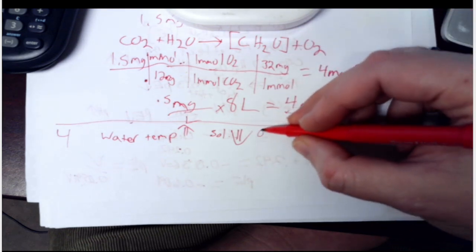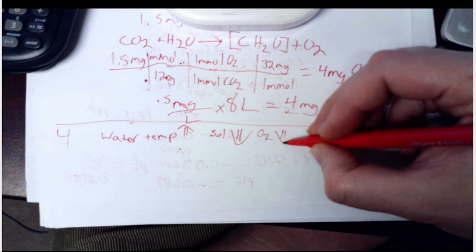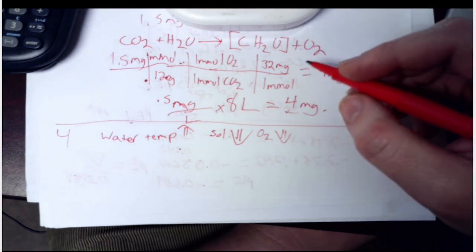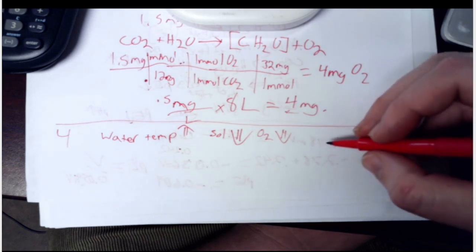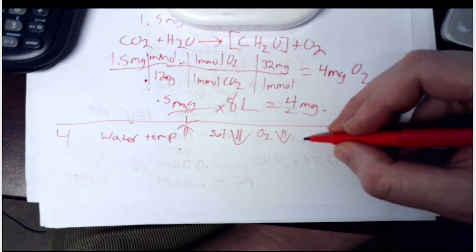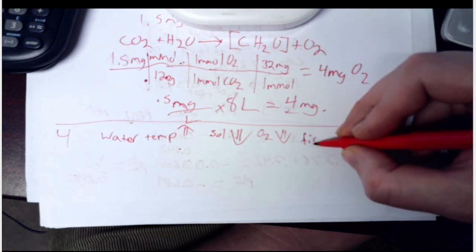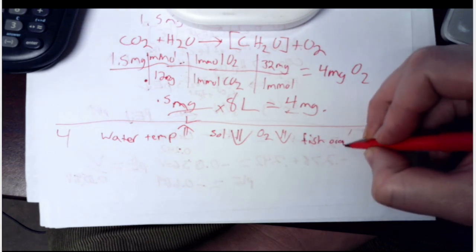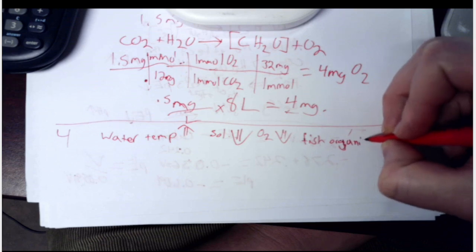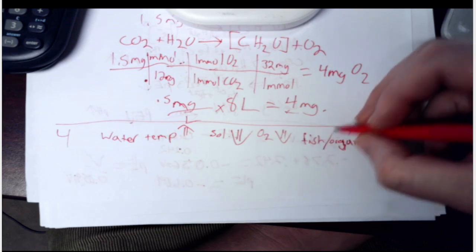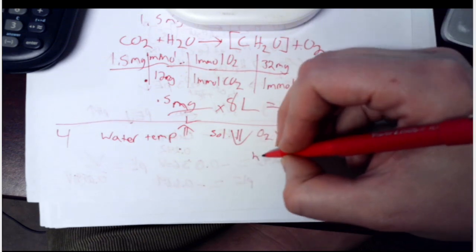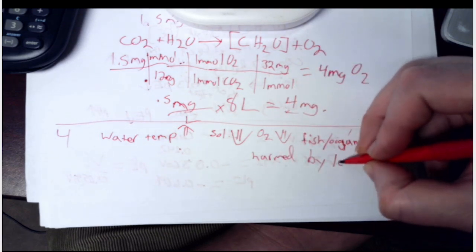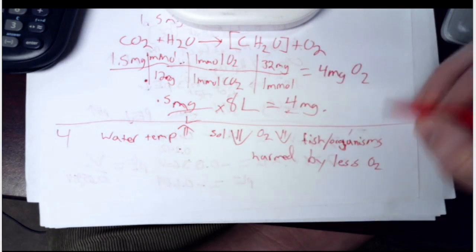So oxygen content would go down because the hot water means less oxygen could dissolve. Fish and other organisms would be harmed, since they would have less available oxygen to use, and that would cause stress to them. That's all we're really looking for.